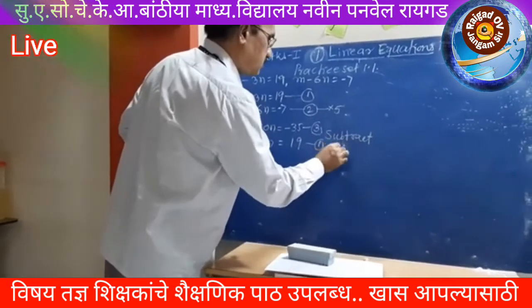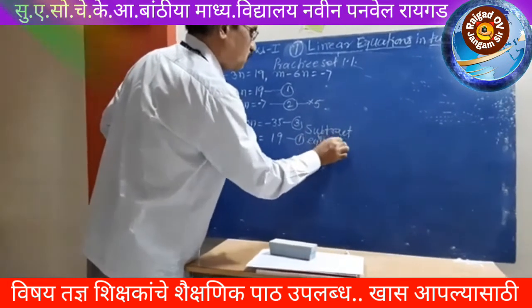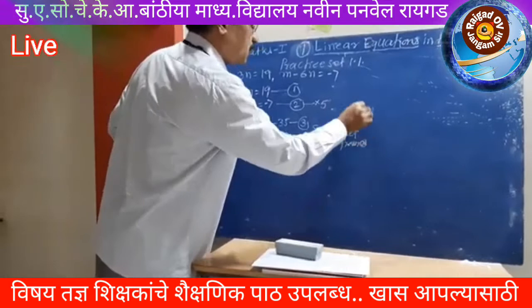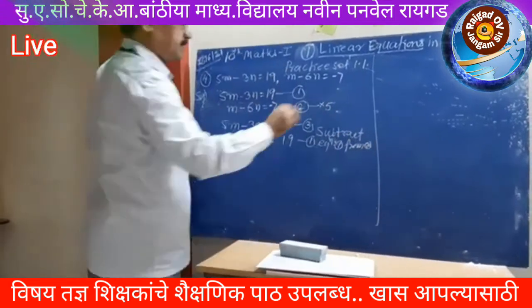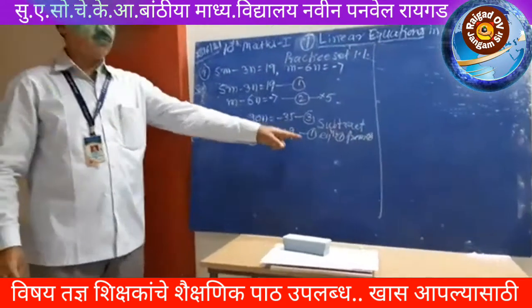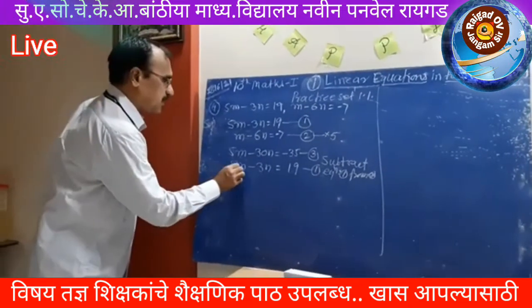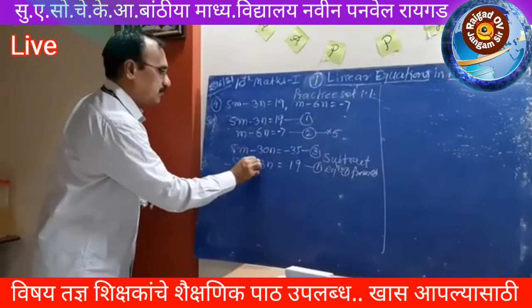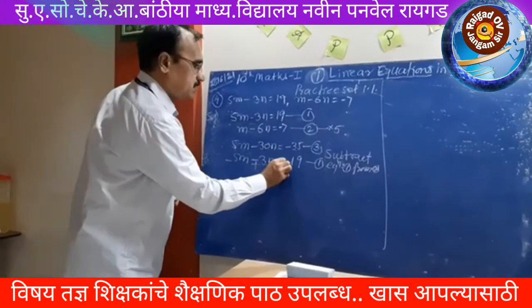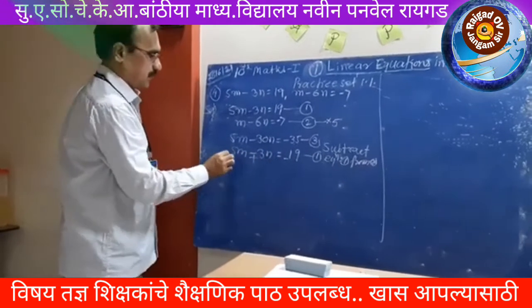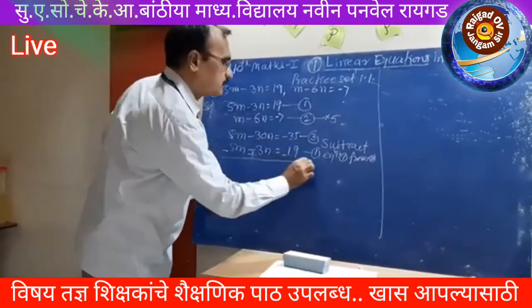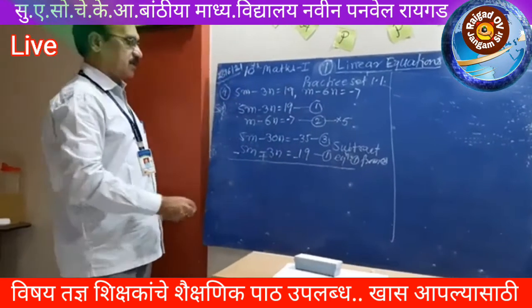Subtract equation 1 from equation 3. Now we have to change the sign of the second equation. Minus becomes plus, plus becomes minus. This is the rule of subtraction.